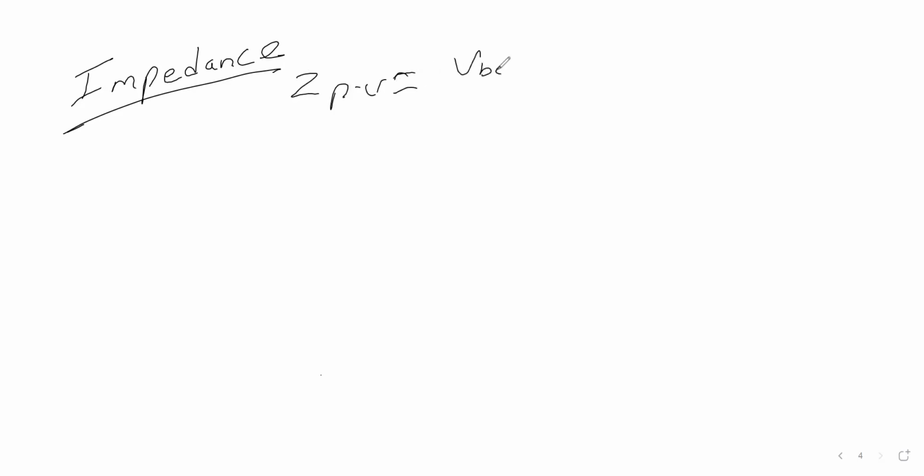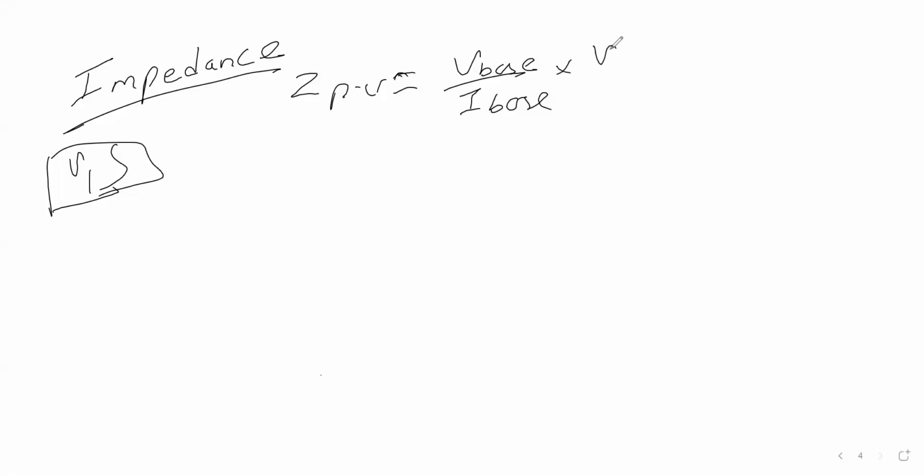Now the next terminology we are seeing is the impedance part. What we know, impedance per unit would be written as V base by I base. We know our two base parameters, that is V and S. So Z is also a derived base and I is also a base.